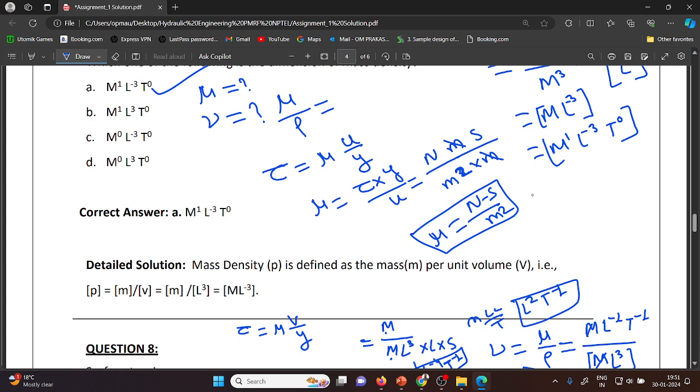Viscosity. Yes. So what is Newton? Newton is kg into acceleration, that is meter per second square, right? Yes, sir. And another second is here. 1 second cancels, 1 meter cancels. So kg per meter second is there. Yes, sir. Now nu equal to mu by rho.